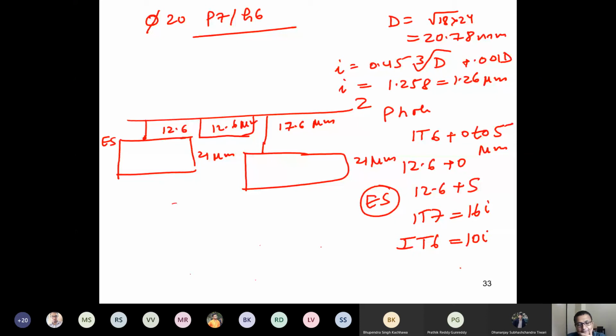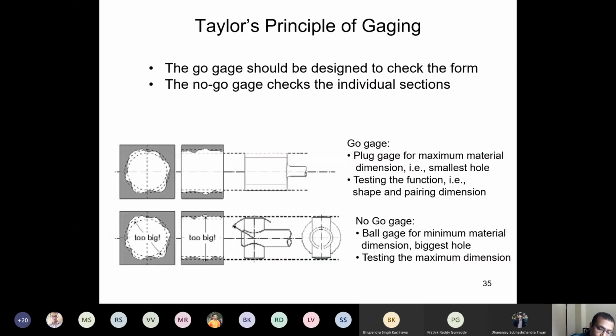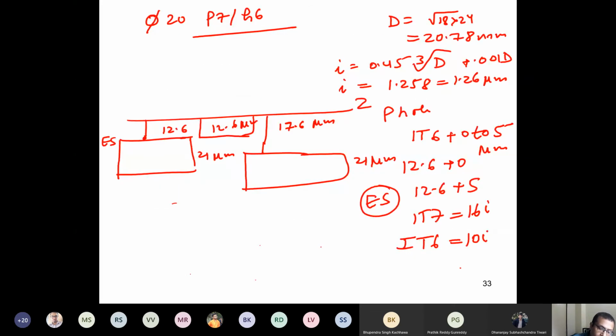What kind of fit is this now? Tell me. What kind of fit is this? So this is my shaft.